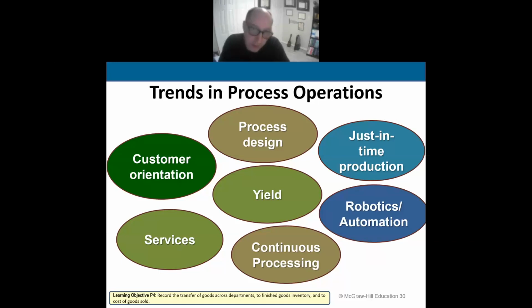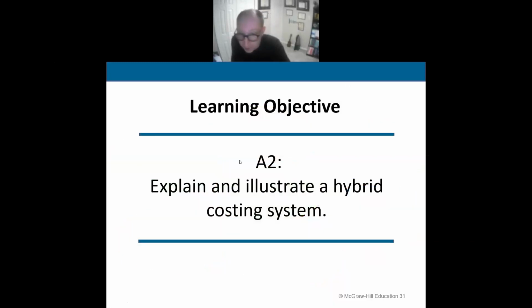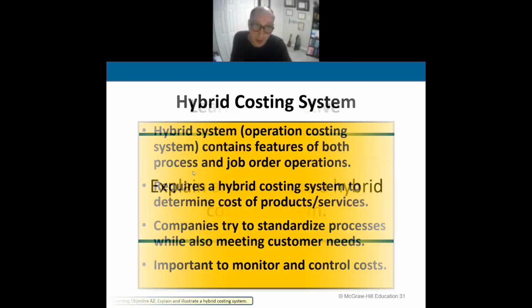They're very similar in nature: robotic process automation, yield accounting, customer orientation, various services. All of these things utilize process costing in some way, shape, or form. It really depends on the type of company that's utilizing process costing.